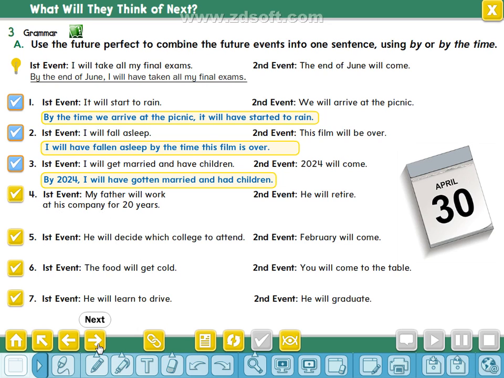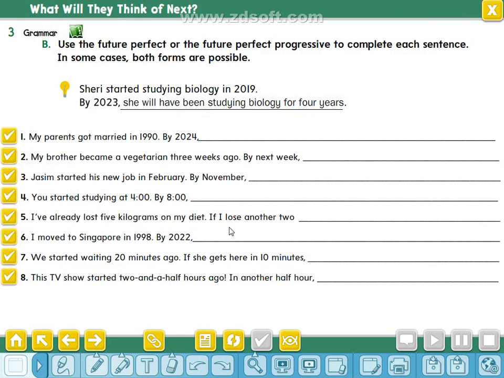Let's turn to the next exercise. Exercise B. Use the future perfect or the future perfect progressive to complete the sentences. In some cases, both forms are possible. Sherry started studying biology in 2019. Yes, excellent.